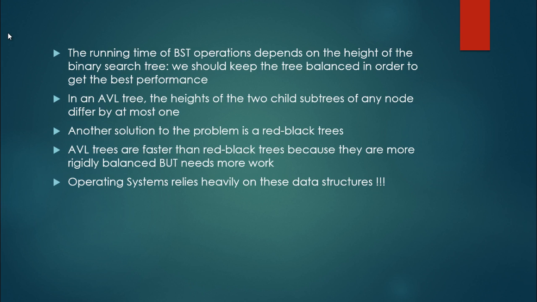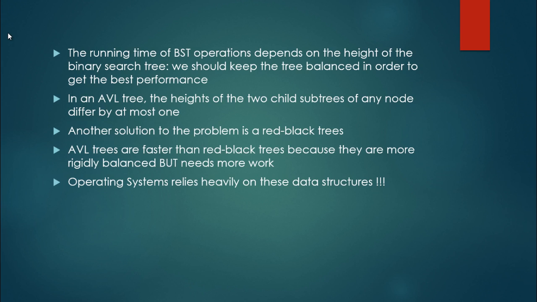And if it becomes unbalanced, we have to make rotations in order to rebalance it. In the red-black tree, we do not bother about reconstructing it so frequently, so that's why we have to do more work with AVL trees.